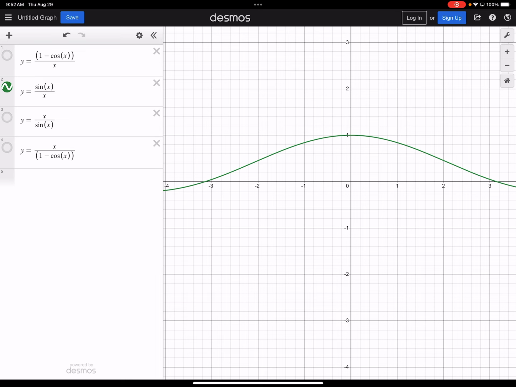Now, as for sine of x over x's reciprocal, remember when we studied the graphs of sine and cosine, and then we studied the graphs of their reciprocal functions, okay? So there is a hole, a removable discontinuity at 0 for sine of x over x.